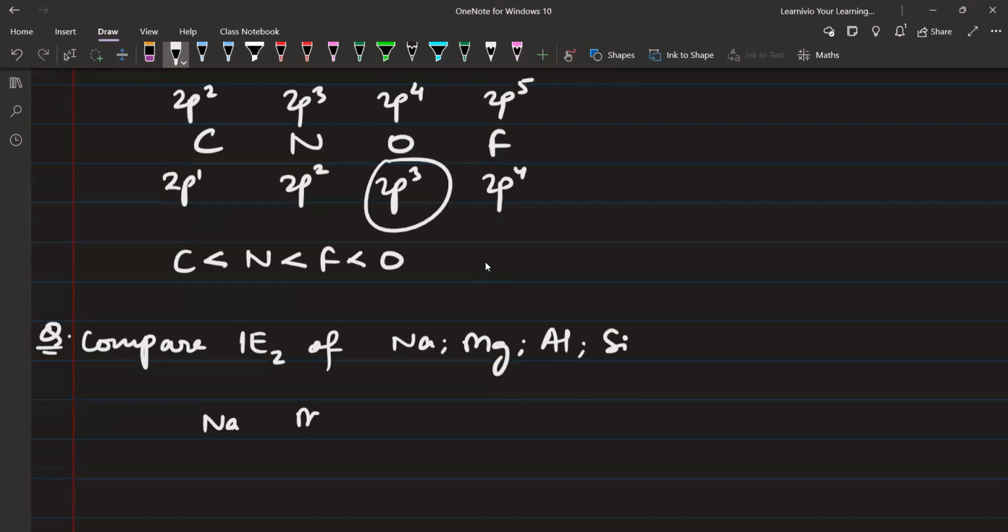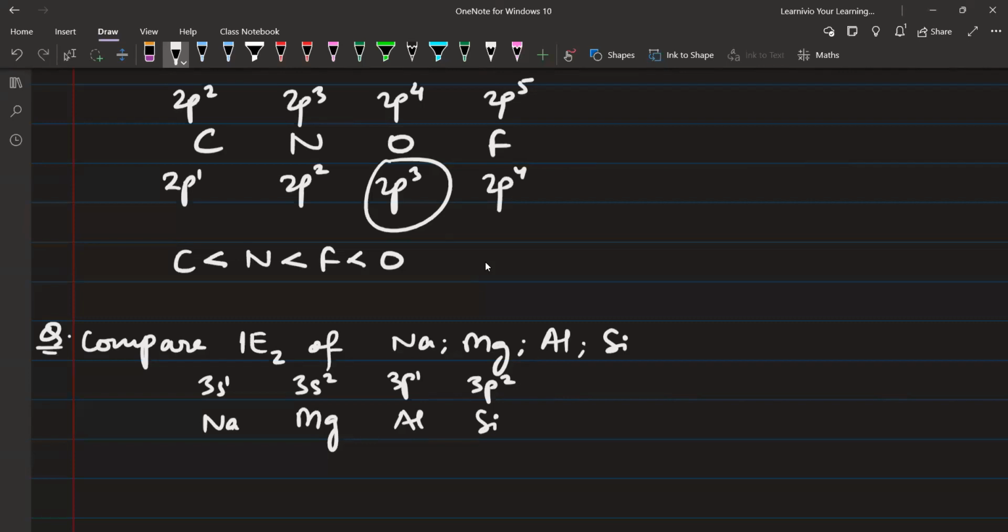Sodium has 3s1 configuration, magnesium has 3s2, aluminium has 3p1, and silicon has 3p2. But since we are going to remove one electron, because it is the second ionization enthalpy, you have to see the second most loosely bound electron.